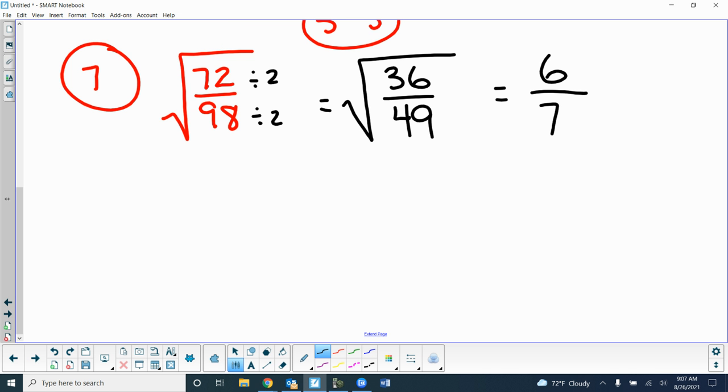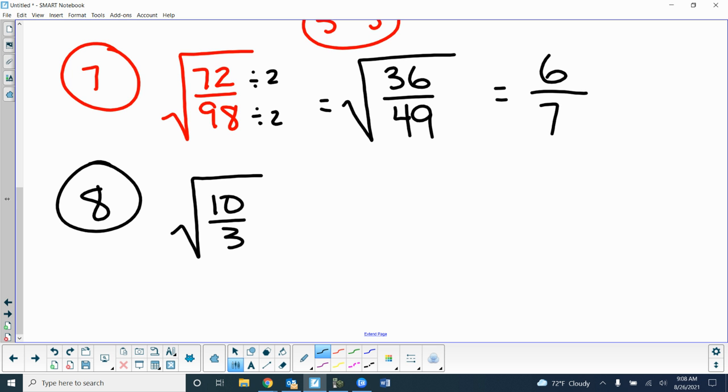The last one, we got 10/3. Can I reduce that fraction? There's nothing that goes into both of those, right? So remember, when that happens, you have to rationalize the denominator. You can't have that radical 3 in the bottom.